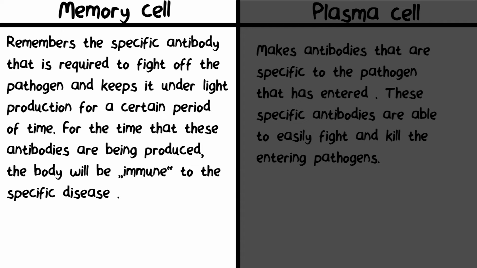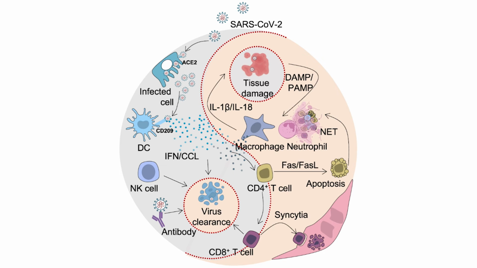It remembers the antibody that is required to fight off that specific pathogen, and it'll keep on producing a small amount of the antibodies for a certain amount of time, which is where the term immunity comes from, as once you're immune, there are antibodies present in your body to fight off the pathogen without getting sick or showing any symptoms.